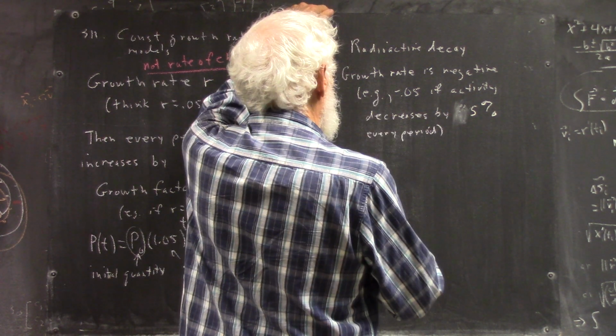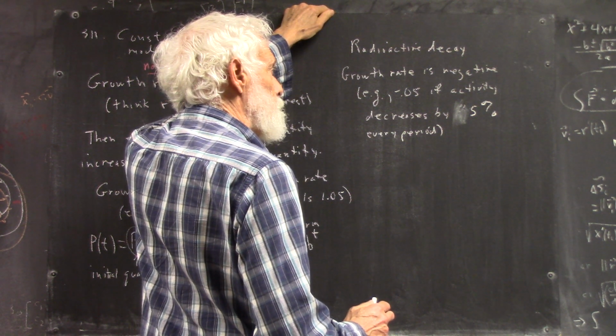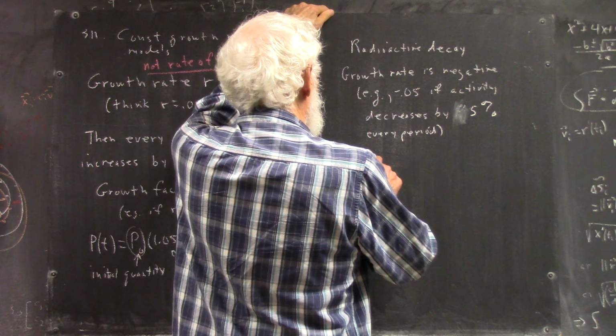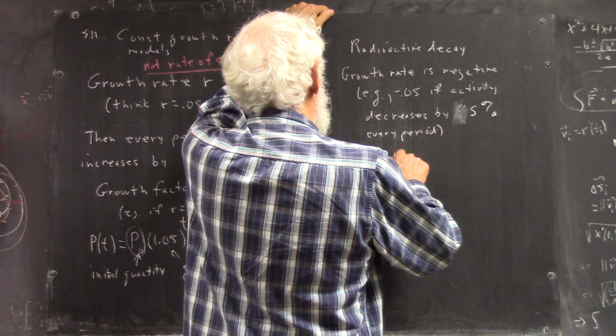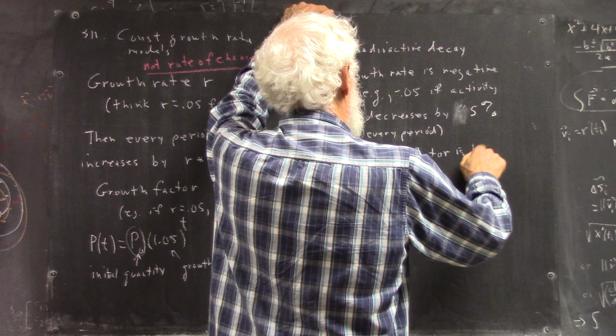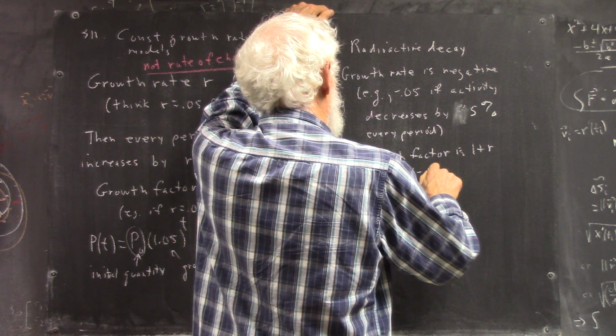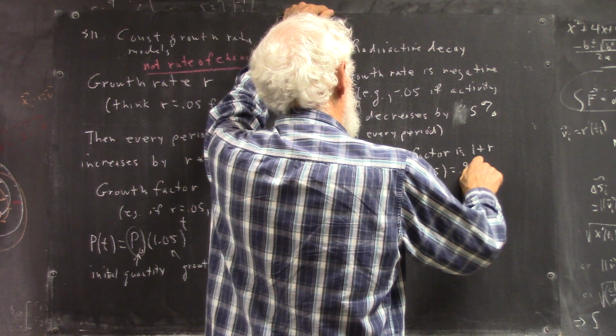Here's your growth rate. It decreases by 5%, so your growth rate is negative 0.05, so the growth factor is 1 plus R, which is 1 plus negative 0.05, which is 0.95.